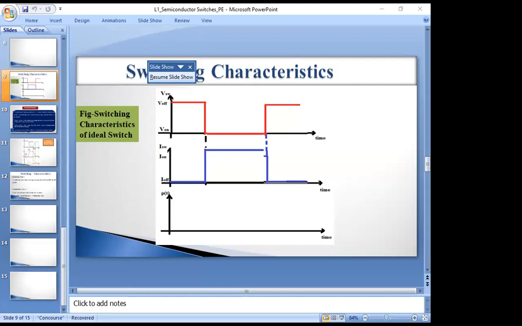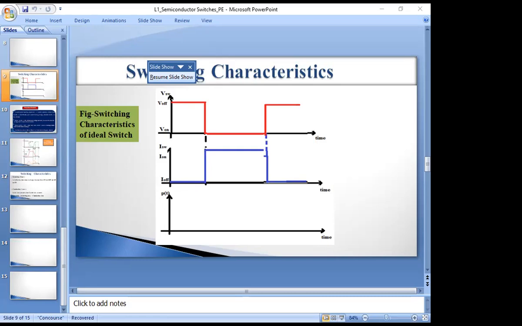Is it clear? So in the first unit we need to check all the characteristics of the SCRs and operating modes of the SCRs, and how we can turn on the SCRs and how we can turn off the SCR. And then how this SCR is used in the power electronic converters will be discussed in the third unit, fourth unit, fifth unit, sixth unit, and so on.